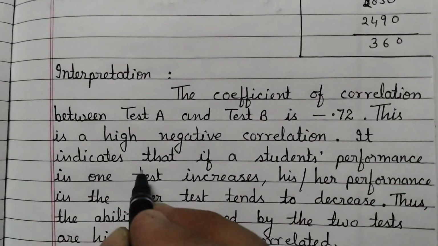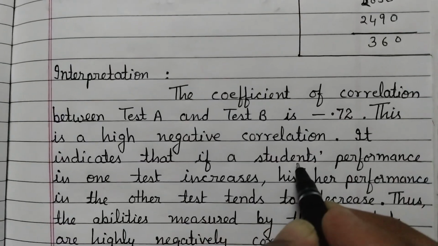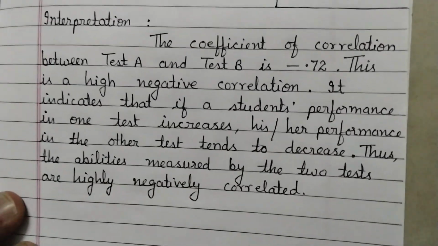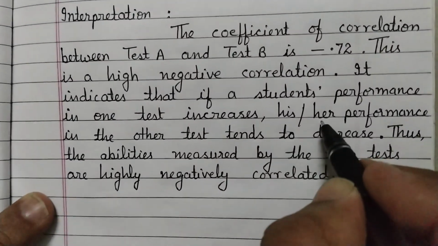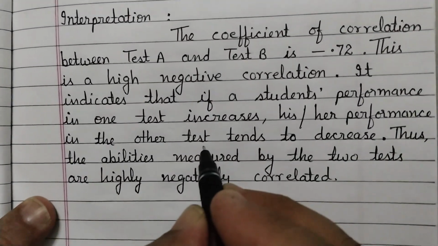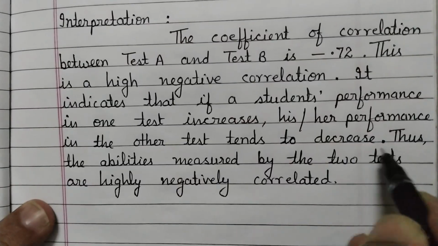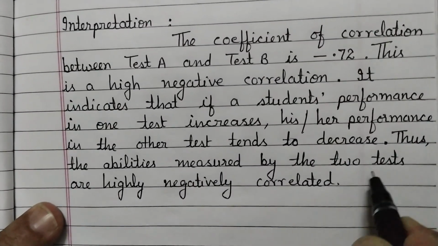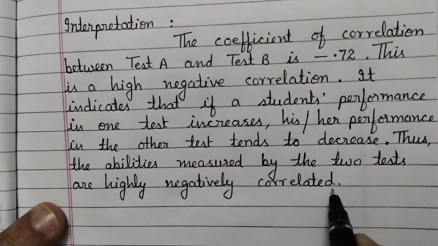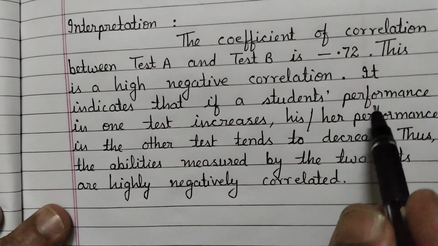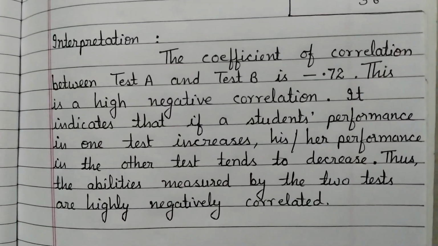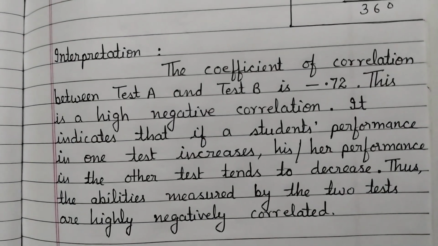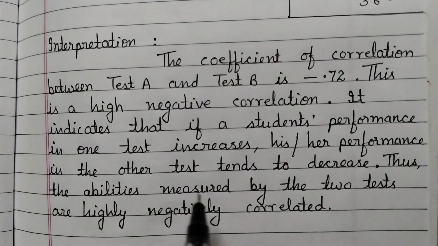It indicates that if a student's performance in one subject or in one test increases, his or her performance in the other test tends to decrease. Thus the abilities measured by the two tests are highly negatively correlated. So that's why I am saying that if such type of negative correlation is found, then it is suggested that these two subjects are not taken at the same time.